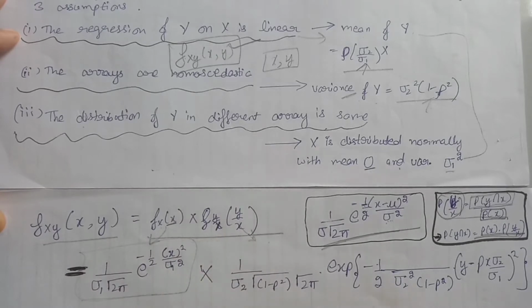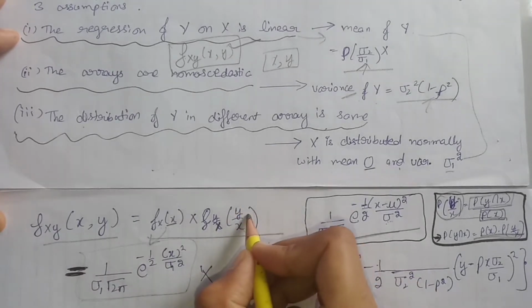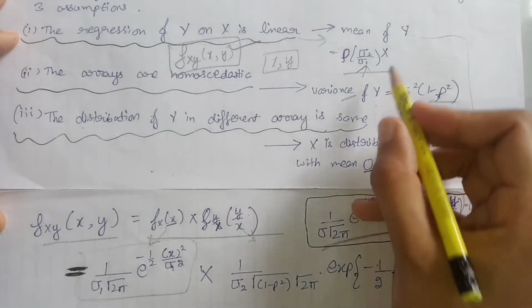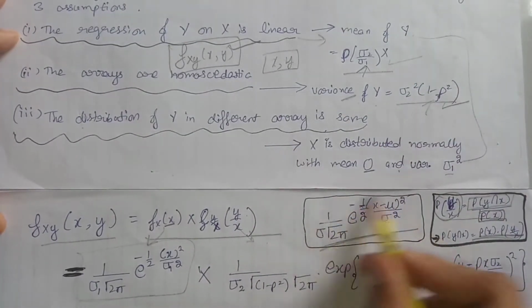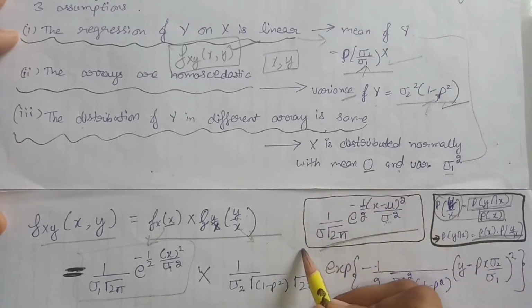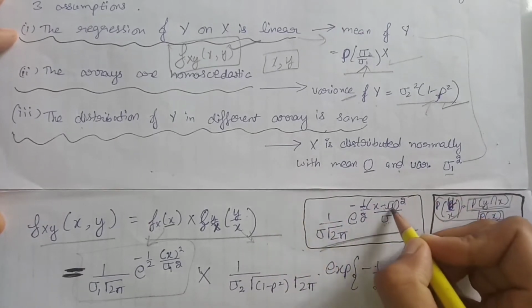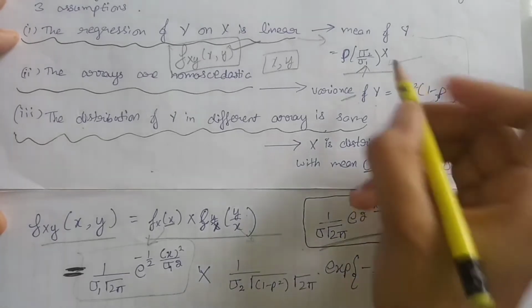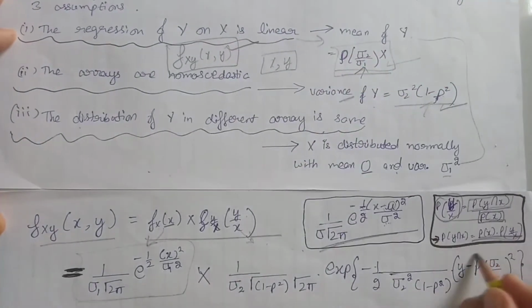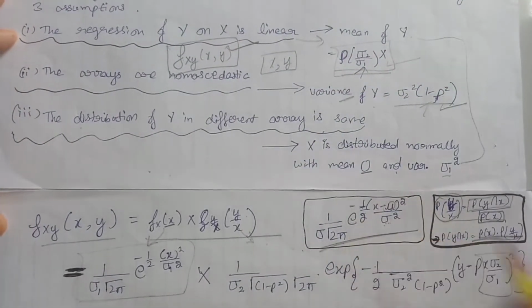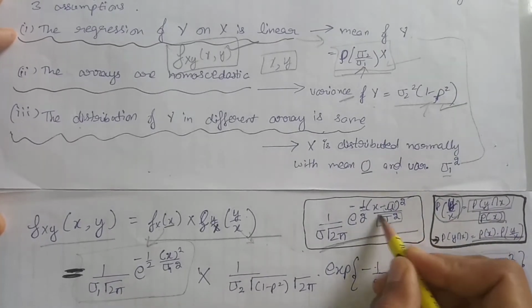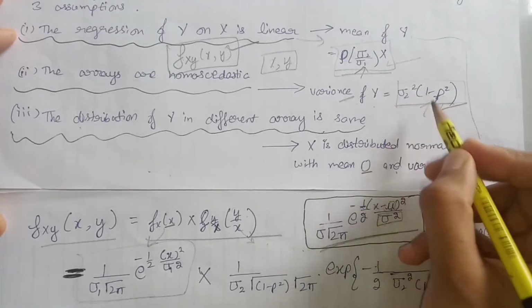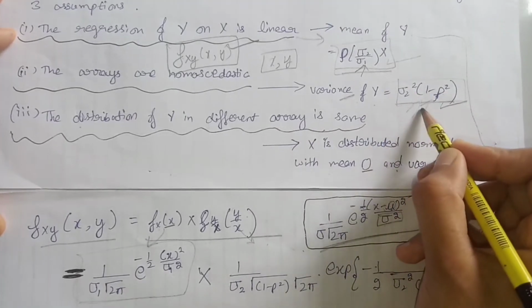Now again we know that our y belongs to a normal distribution with this mean and this variance. So in the PDF of this normal distribution, at the place of mu, that is the mean, we write this value. That is, here we have x minus mu, here we have y minus mu, because this is the PDF of y. Now again at the place of sigma square we have to write this value, because the variance of our y is this.